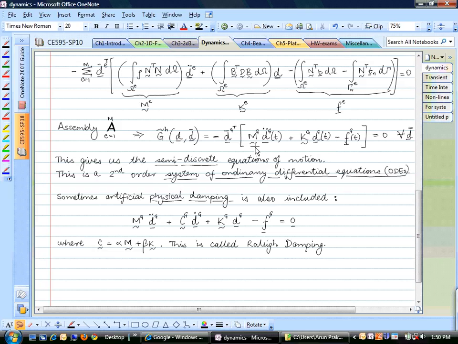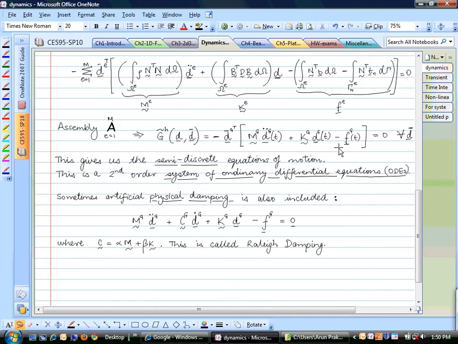You have this M matrix with nodal accelerations. These accelerations are dependent upon time. This displacement is dependent upon time. The load can obviously be time varying. So this equation is a system of second order ordinary differential equations.